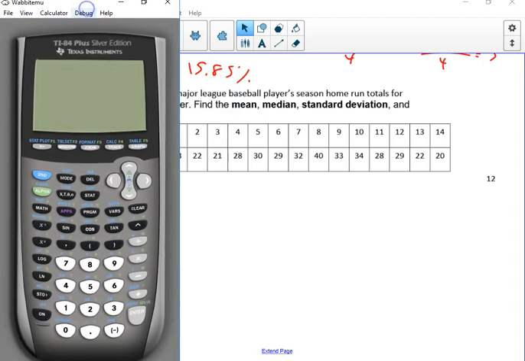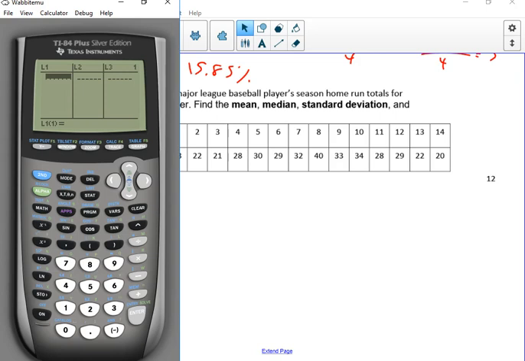In this case, we're going to turn it on and go to Stat. We're going to edit, so we hit Enter. Now remember, if there were numbers here, I can overwrite them, or I can go up to L1 and hit Clear. It doesn't look like anything happens, but when I come back down, it's empty.